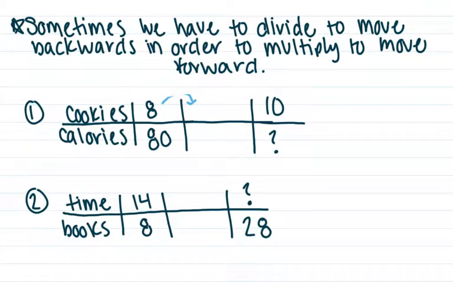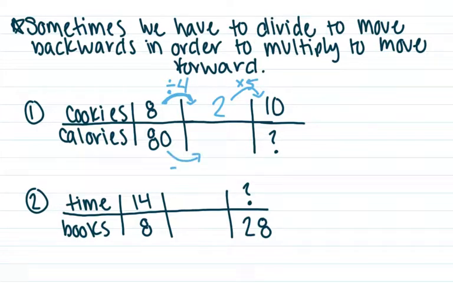If I divide 8 by 4, that will give me a 2. Now, is there something that I can multiply times 2 to get to 10? Yeah, times 5. All right, so what I just did right there is I created a pathway to make 8 become a 10 for my ratio table. Now I just follow that pathway on the bottom and I will discover my missing number.